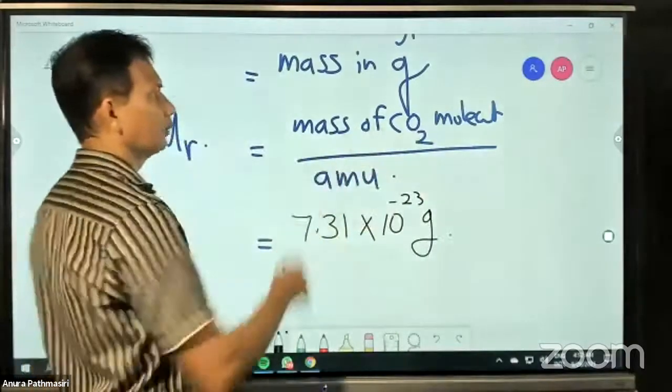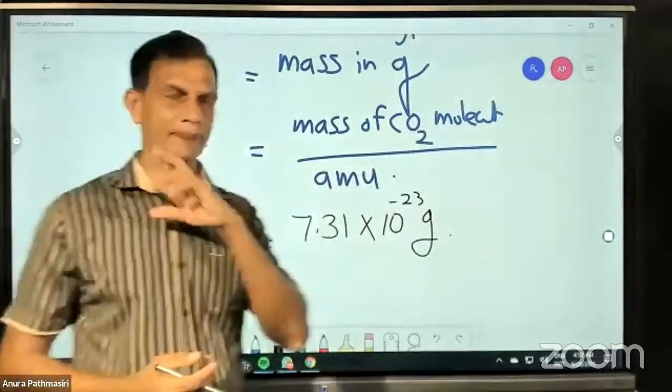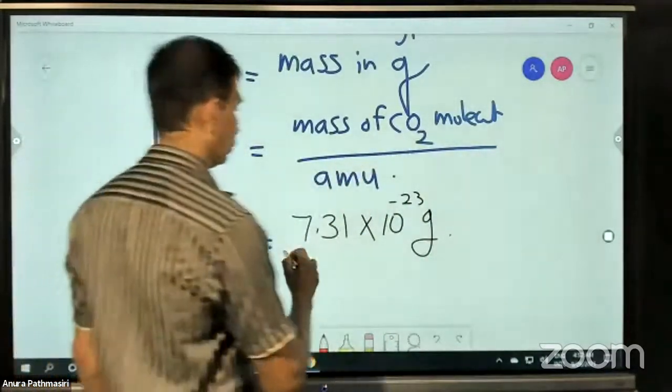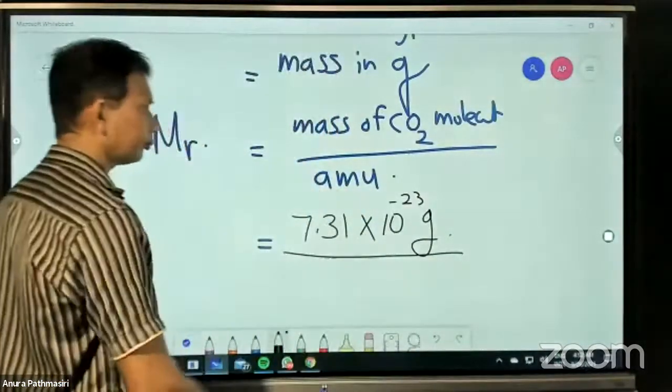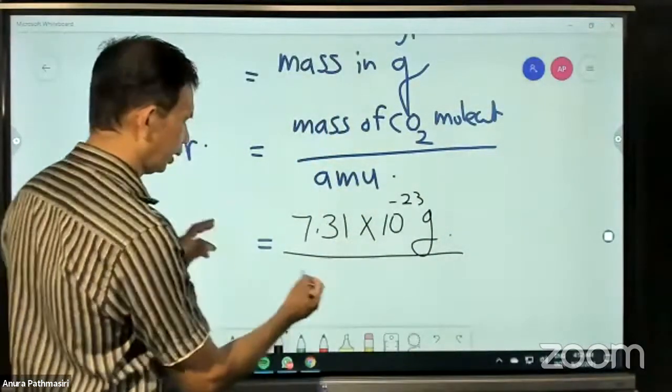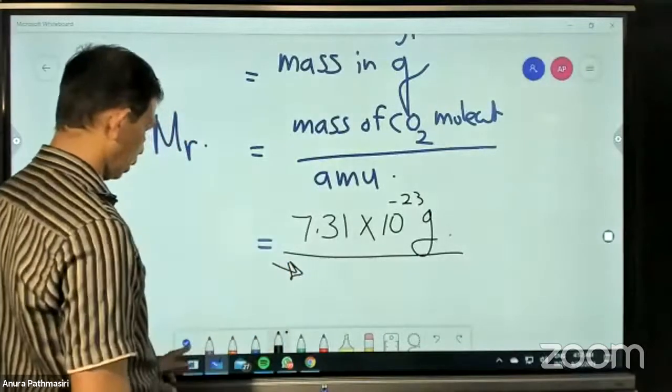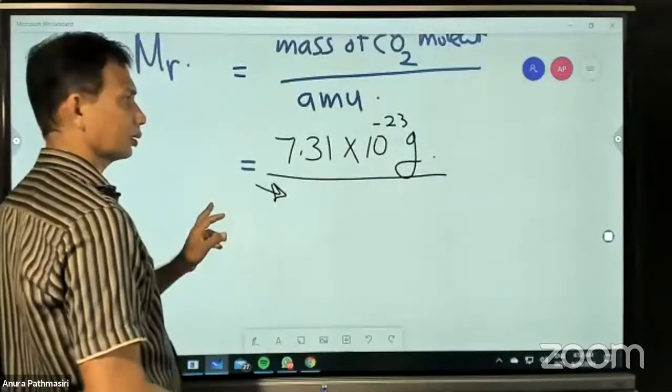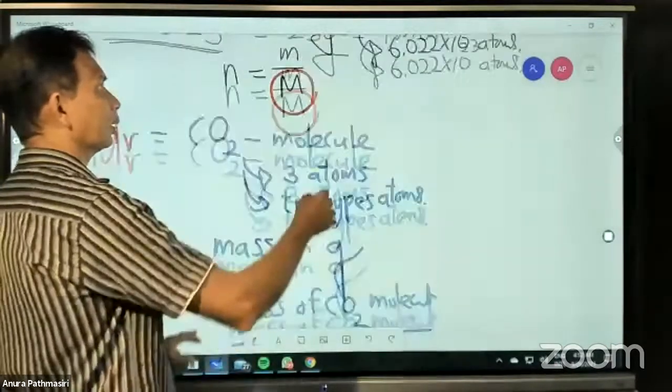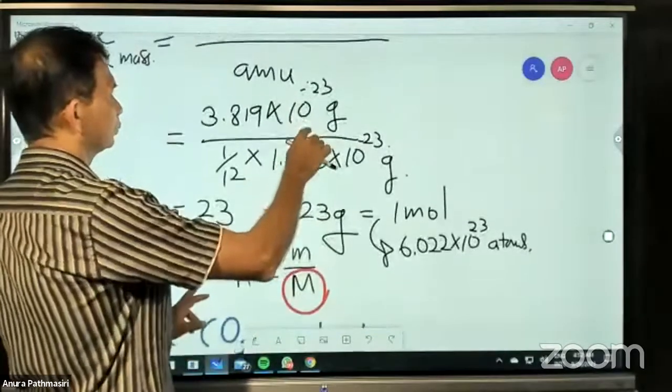That's the mass, however you measure carbon dioxide's mass. And then AMU, you can introduce here in two ways. One, a straight way you can get this value. What is it?